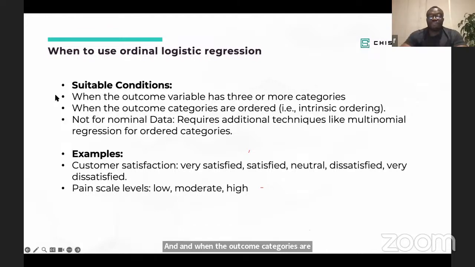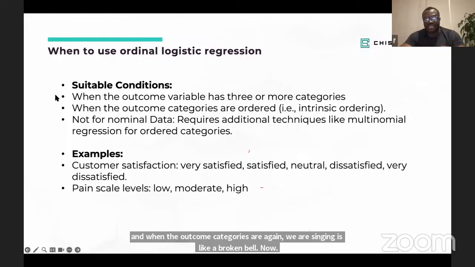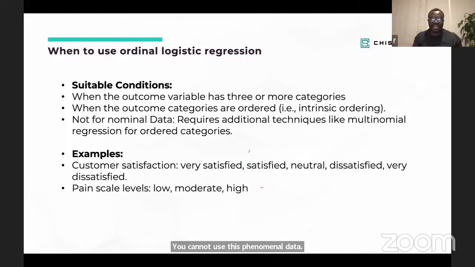You cannot use this for nominal data. Remember, nominal data is when you have 3 or more groups where there is no inherent sequence or order between the groups, right? So you can't use ordinal logistic regression for nominal data. You use nominal regression for nominal data, and ordinal regression for ordinal data.